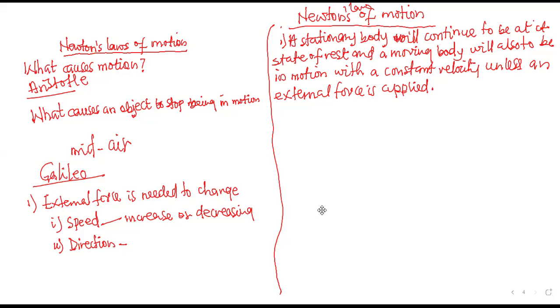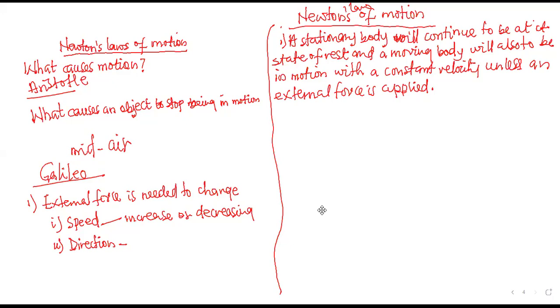So a stone at one position will continue to be there unless somebody pushes it. And when the external force acts on you, it will either increase or decrease your speed.